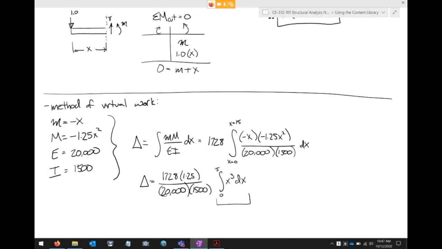If you do this in your Casio or in your calculator, what you will get is 12656.25. That's what you get if you do that in your calculator. And so if you take all this, the 1728 times 1.25 times that divided by these, what you'll get is the deflection equals, I'll do it with you.